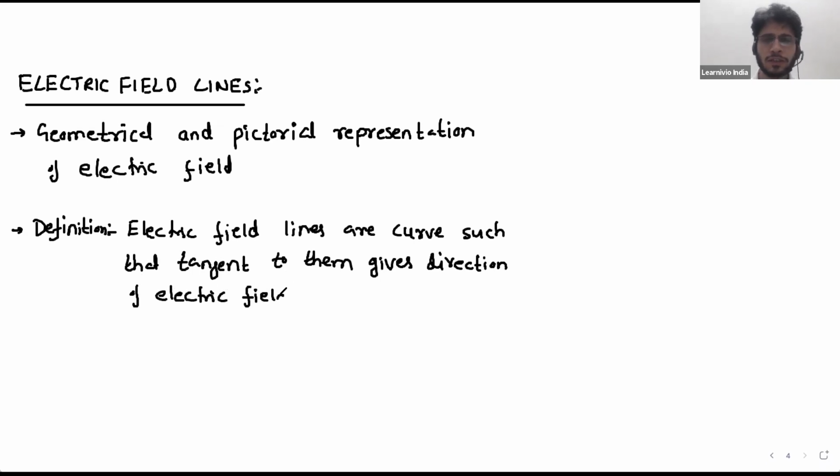So electric field lines are basically curves. If you draw a tangent to these curves, then you will get the direction of field. So the direction of field is given by the tangents to the electric field lines.